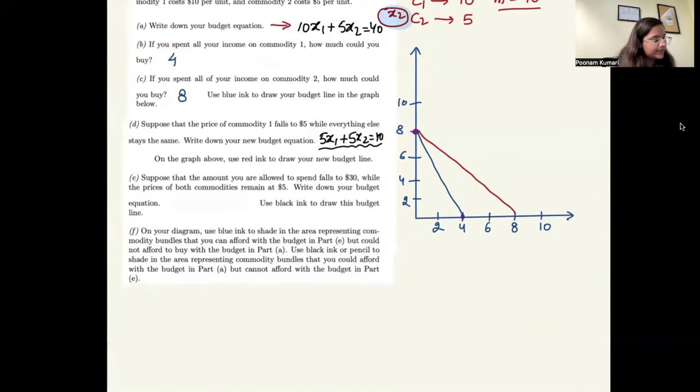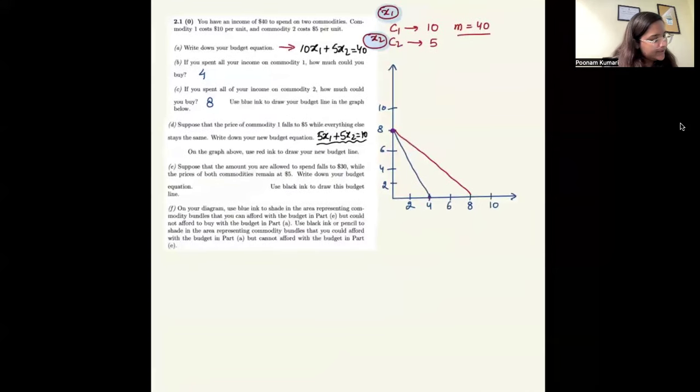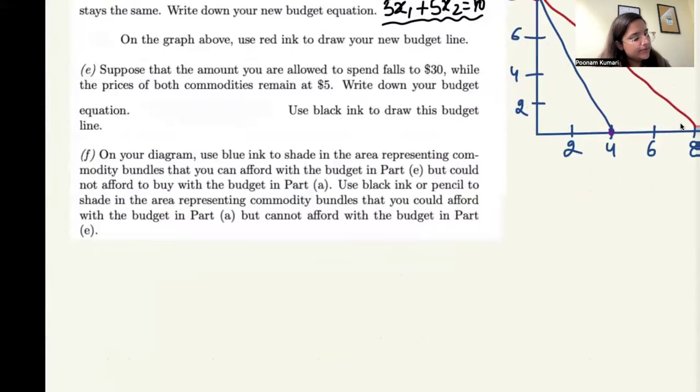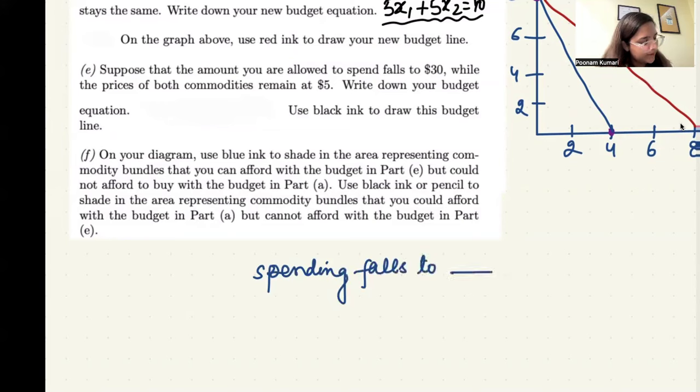Chalo, let's see part E. Now, what is part E saying? Part E is saying that suppose the amount that you are allowed to spend falls to... Guys, there is one more thing. There is a statement that spending falls to something, and spending falls by something.